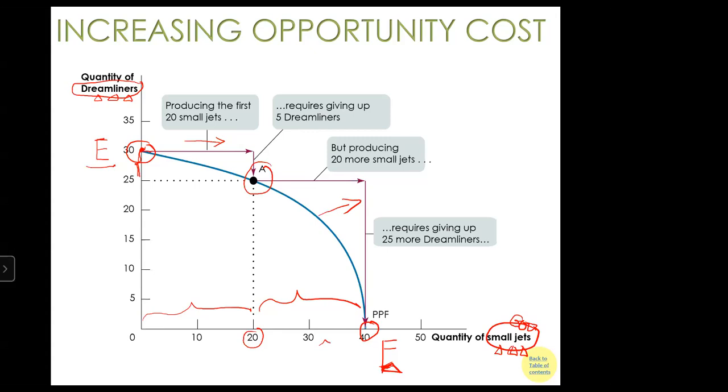Right. So this is different from the earlier PPF we saw. Over there, the PPF is a straight line. You can calculate the opportunity cost, and it doesn't change with the quantity you produce.